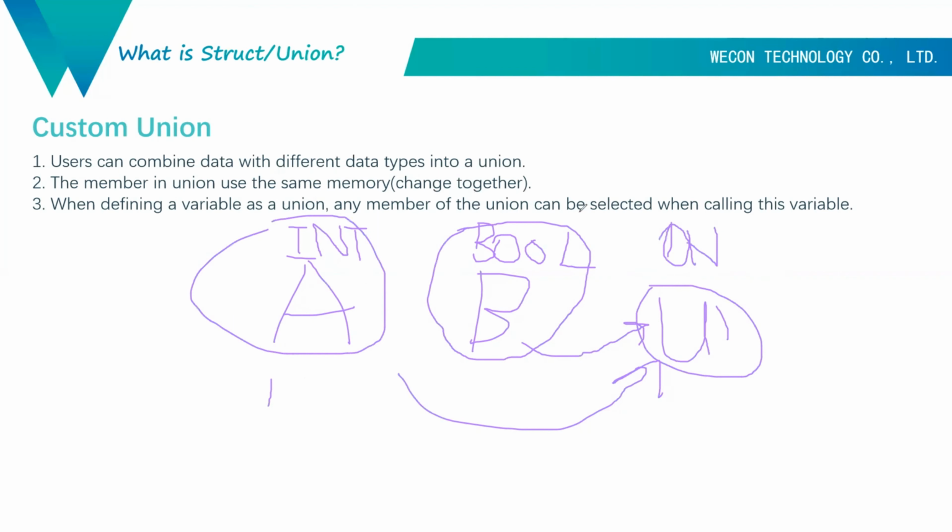And also, if we reset this bool to off, at the same time this int A will be changed to 0. They will change together because they use the same memory.